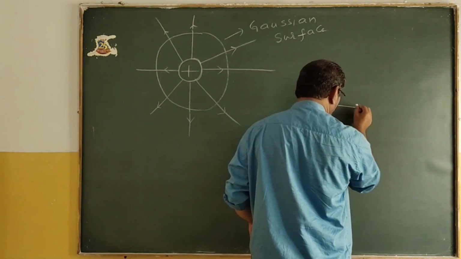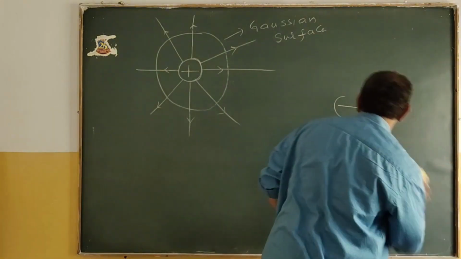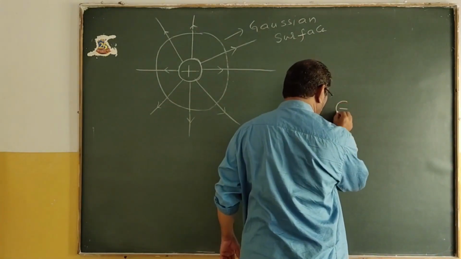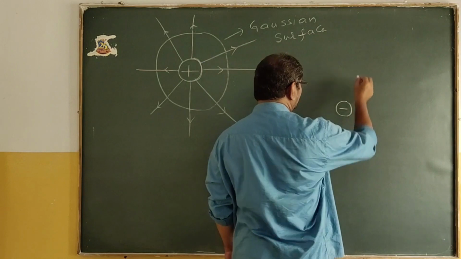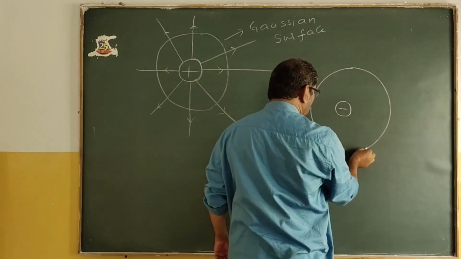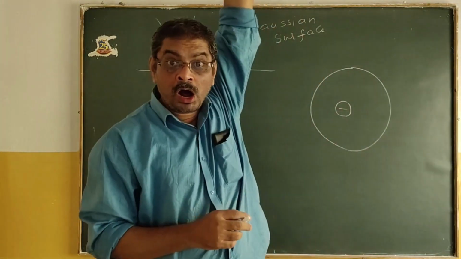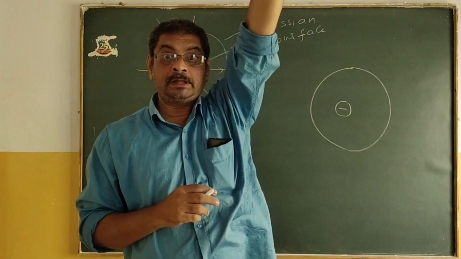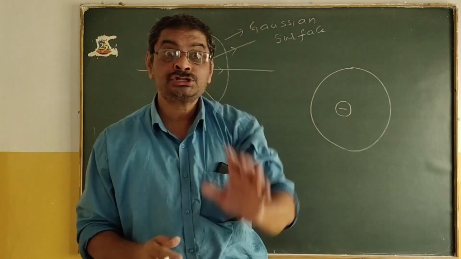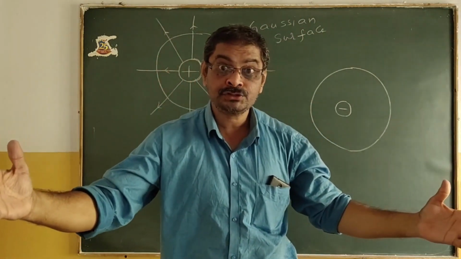Similarly, now let us say you got a negative charge. Now I will draw a Gaussian surface around it. Can anybody tell me what will be the lines of force due to the negative charge?